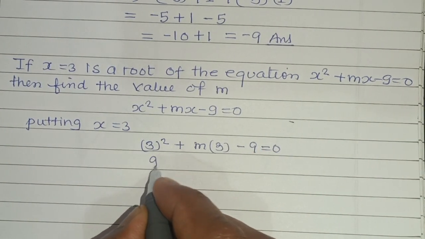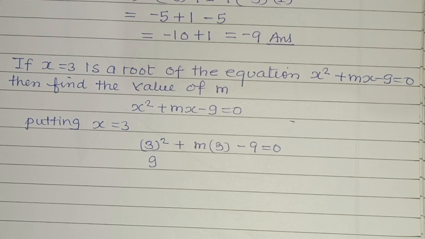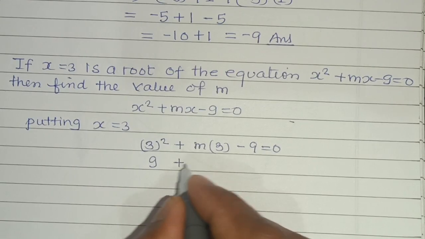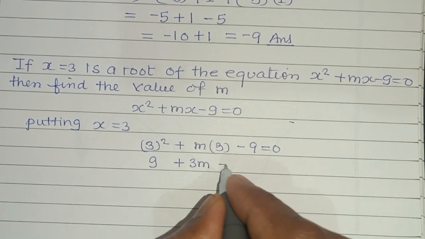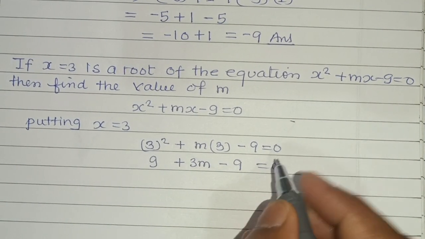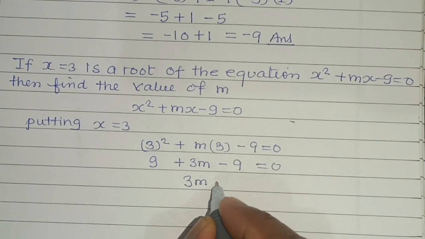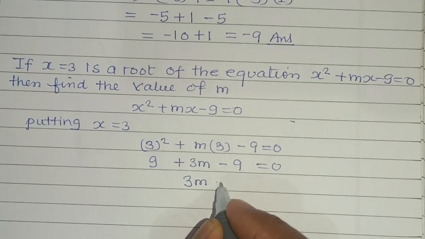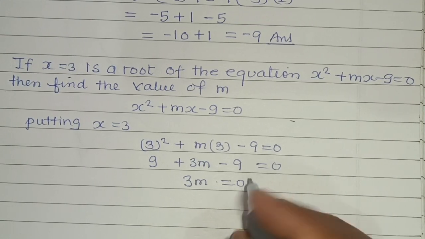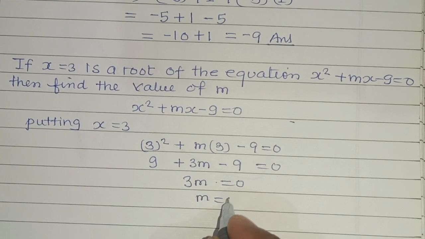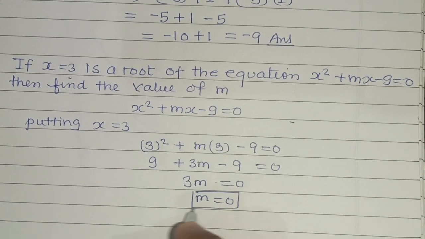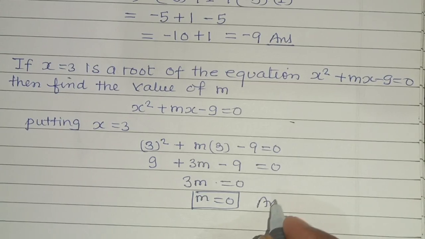So that is 9 plus 3m minus 9 is equal to 0. So 3m is equal to 0. So m is equal to 0. The value of m is m equal to 0.